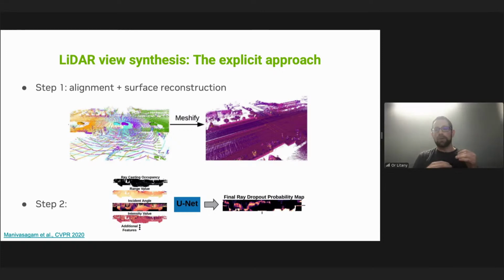What bothers me with this method, which is fantastic by the way, is that the first step of surface reconstruction is completely agnostic to what you're going to do with the surface later on, because it doesn't know you want to render LiDAR from it. So if you have errors in the reconstruction phase, they're going to propagate to errors in the LiDAR modeling phase.